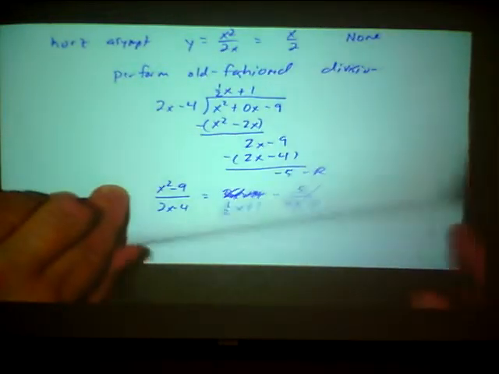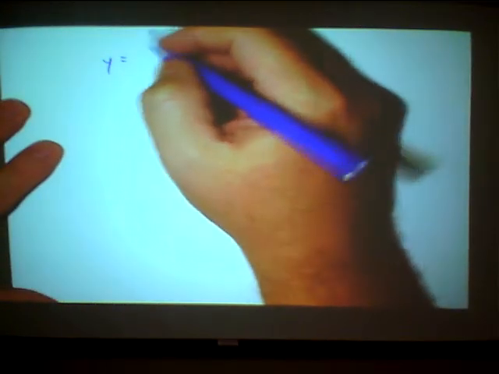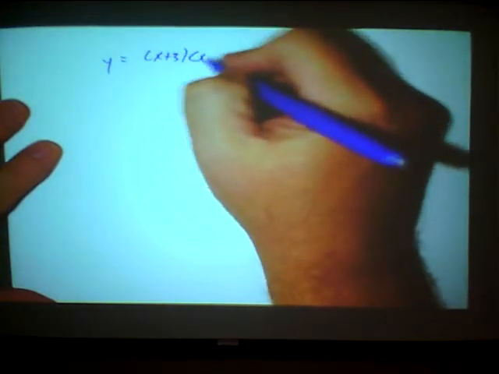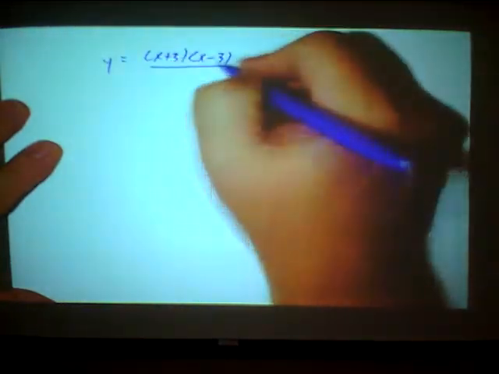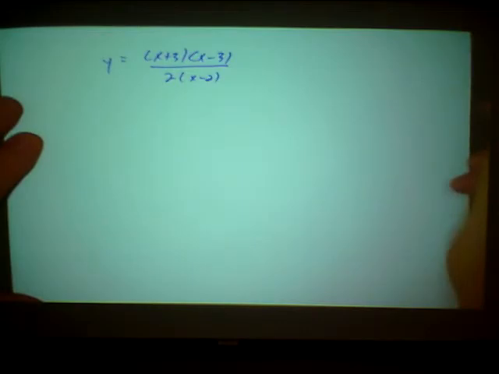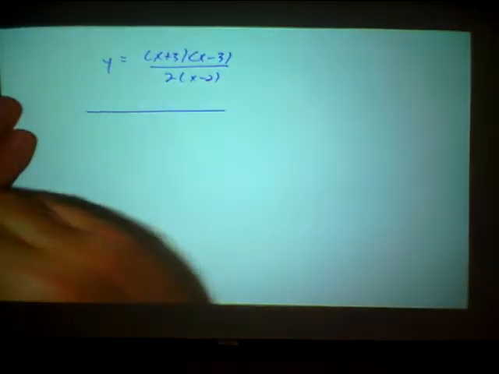So let's go and do my sign chart. Once again, let me write this up here, my factored equation. And of course my sign chart, my boundaries are going to be my x-intercepts and vertical asymptotes.